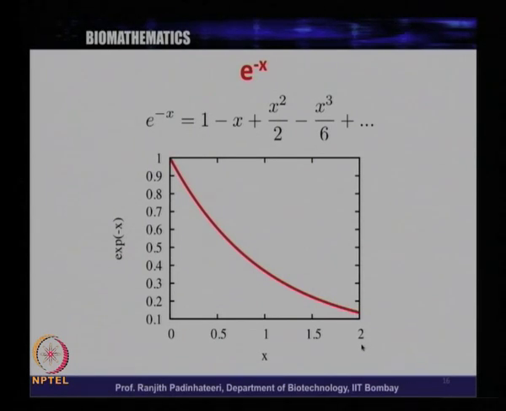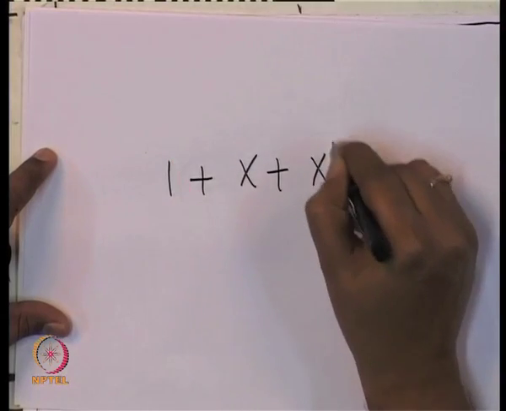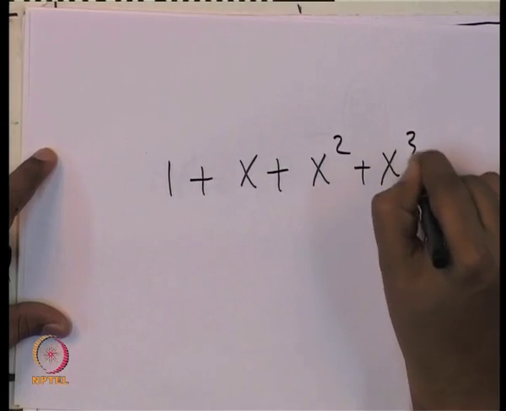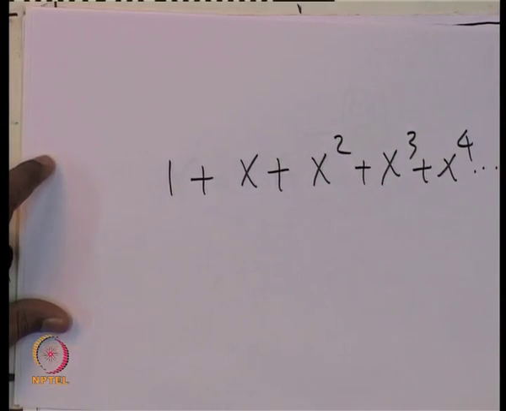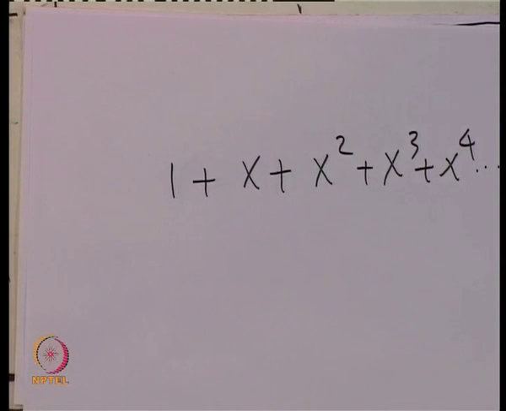Now, you could ask another question. We saw many combinations, but one simple combination we can think of is 1 plus x plus x square plus x cube plus x power 4, etc. What does it give? This is the simplest function.